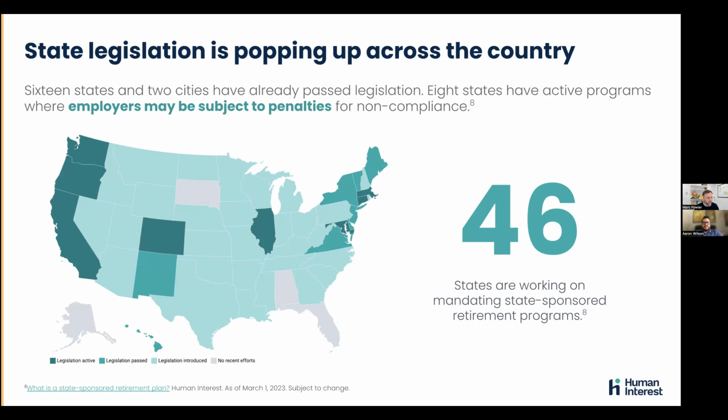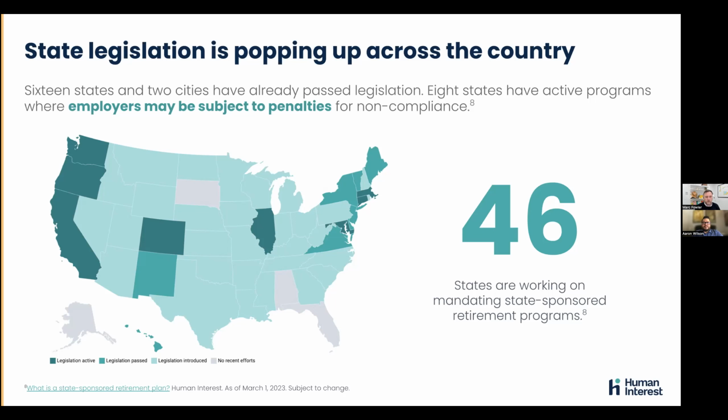So if you're wondering, where is my state? One thing to bear in mind as we go into this is that it's not just about where your organization is headquartered. It's about where your employees pay their taxes.